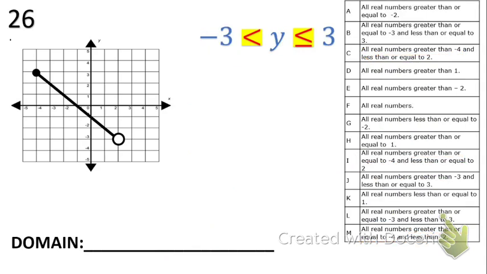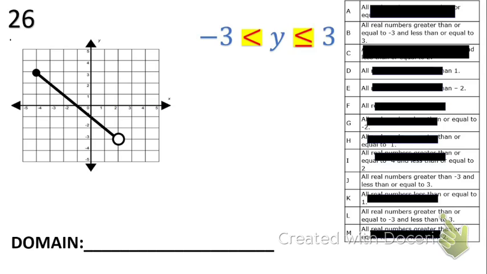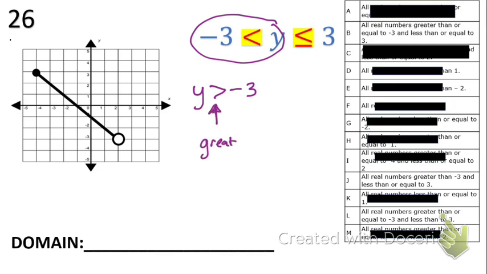All right, let's look at the range. Once again, -3 less than y less than or equal to 3. So we'll eliminate all the answers and find the ones that mean that. Again, this part is backwards. This is saying y is greater than -3. So you need to know that this means greater than.